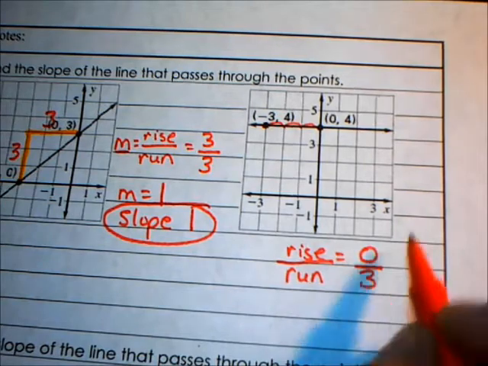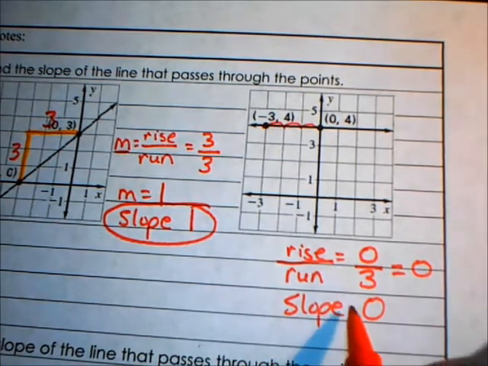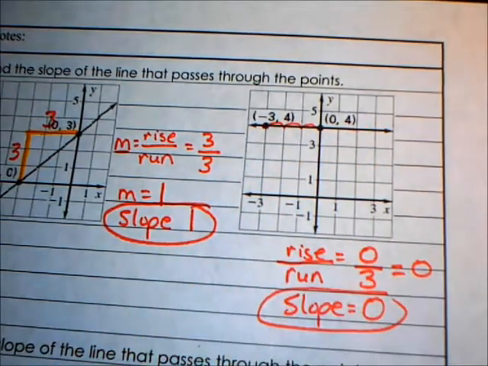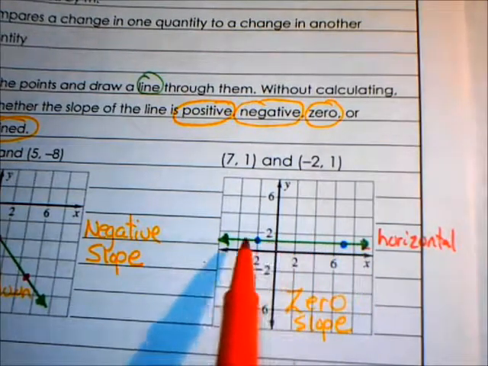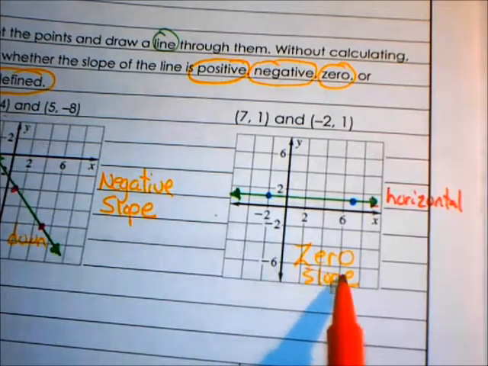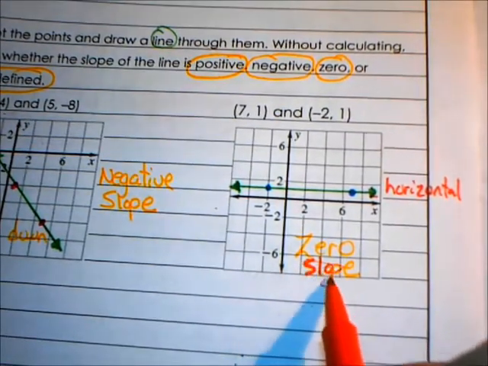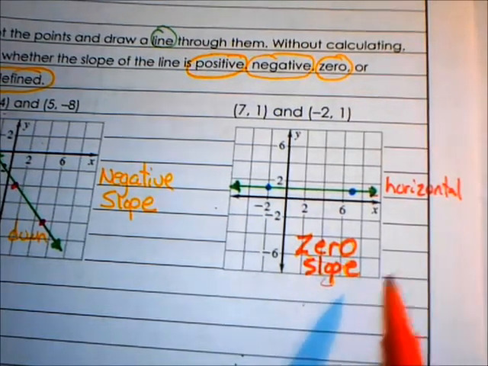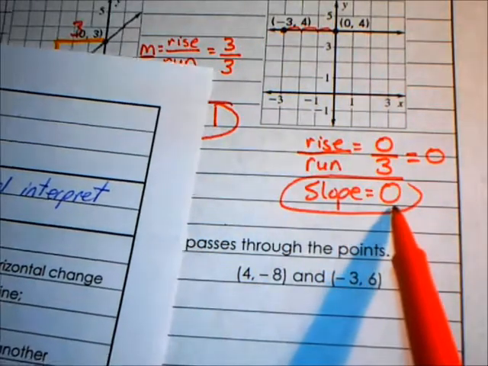Well, 0 over 3 is the same thing as 0, so my slope is 0 on this horizontal line. That's also why over here we already encountered that when we had the horizontal line. They said they had 0 slope. Okay, it already said we had 0 slope. Here's a horizontal line, and here's why we have a 0 slope.